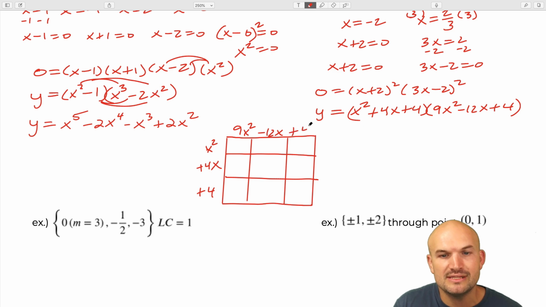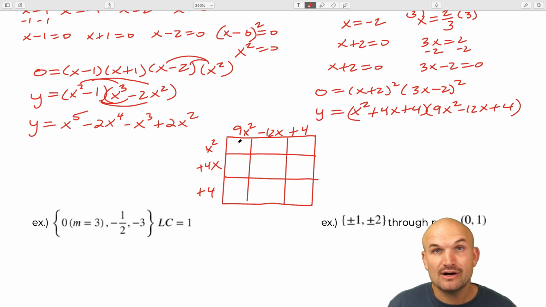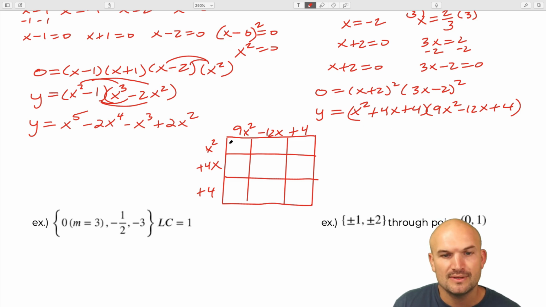And the reason why I like using the box method is it also organizes all this stuff. So again, all you're going to do is find length times width. That is the area. And then if you add up all the areas of this box, that will give you your polynomial. So here we have 9x to the 4th. Here we're going to have a negative 12x cubed. x squared times 4 is a 4x squared. This becomes a 36x cubed.